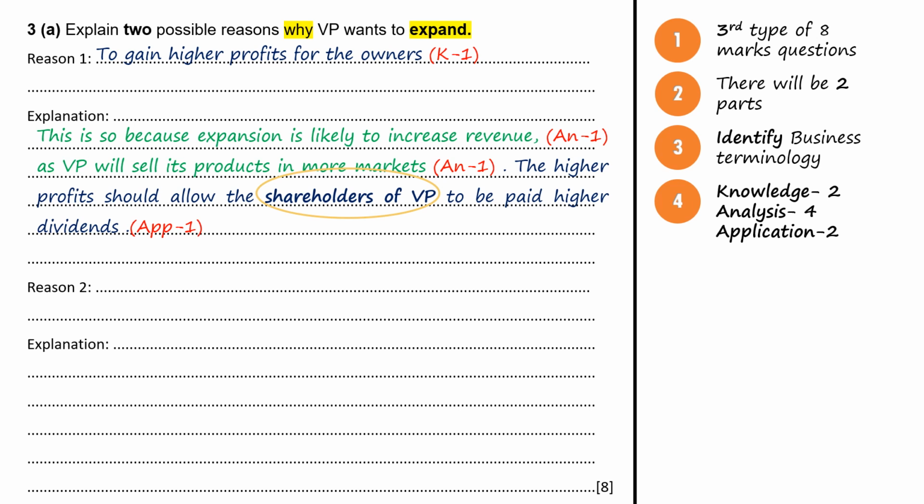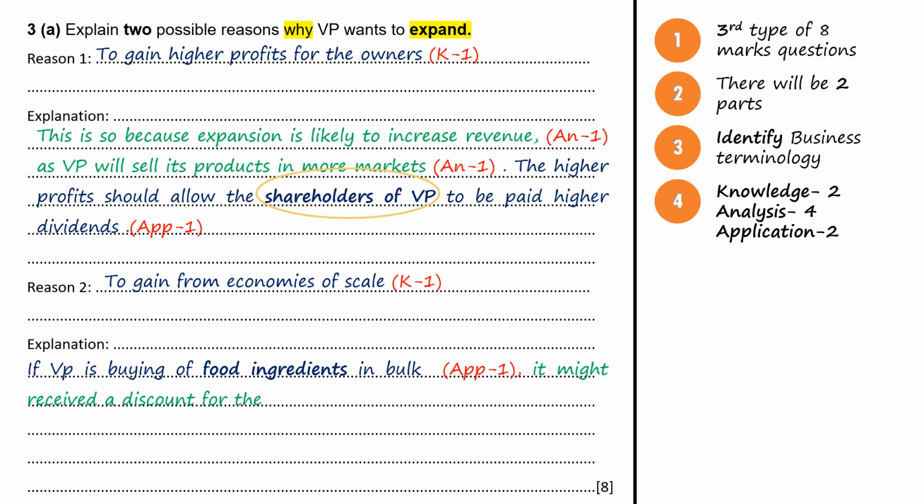Now another 4 marks. Say reason 2, to gain from economies of scale. One benefit of business growth is economies of scale. Next, what will happen? If VP is buying food ingredients in bulk, what will happen? It might receive a discount for the bulk purchases. Say bulk buying leads to bulk discounts.